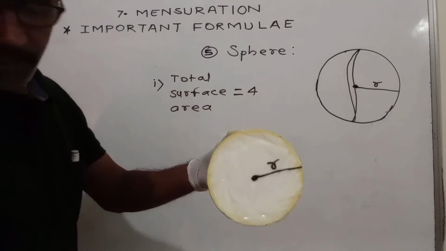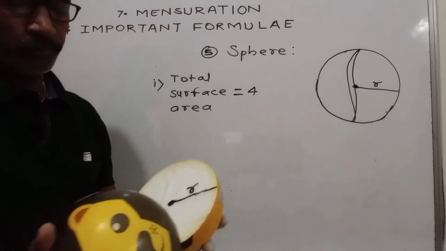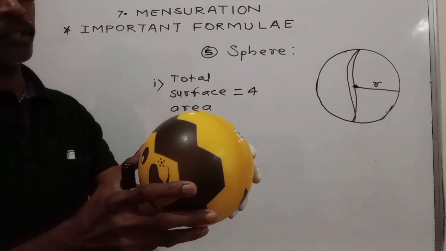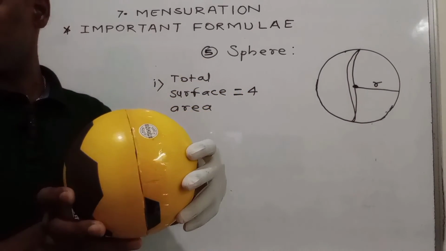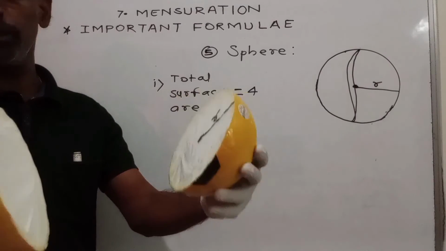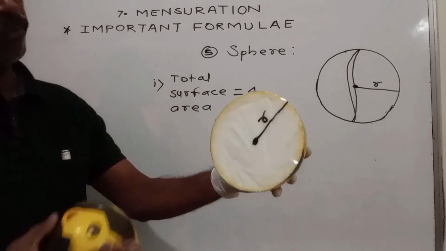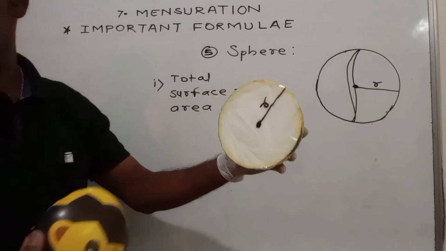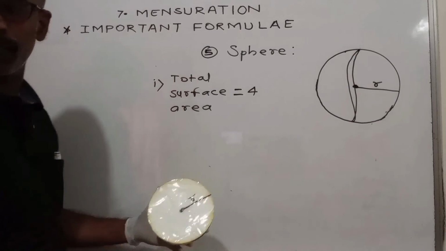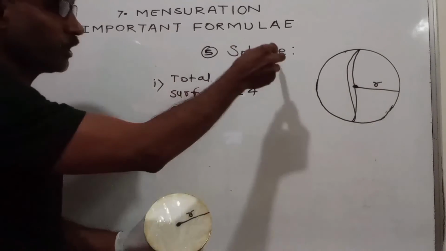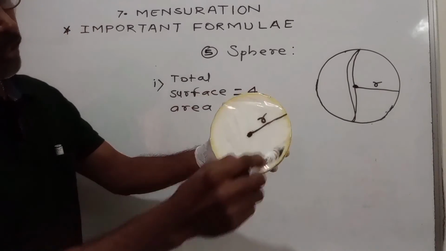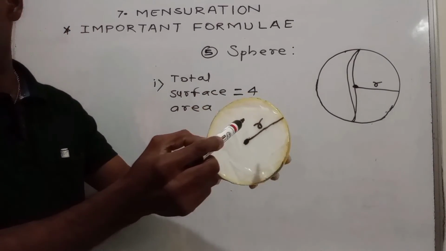This is the circle. When we cut this sphere into two equal halves, then we get a circle here. Means when we find total surface area of a sphere, that is equal to 4 times the area of this circle.